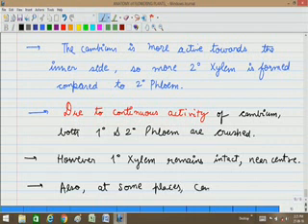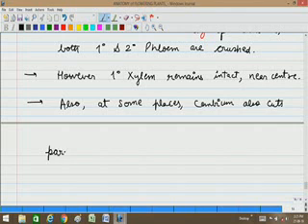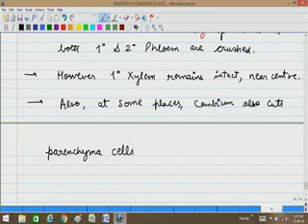All right. Also, at some places, cambium also cuts parenchyma cells, and because these have been formed at a later stage, they cannot be called primary medullary rays because they have been formed from secondary origin, so they will be called secondary medullary rays.